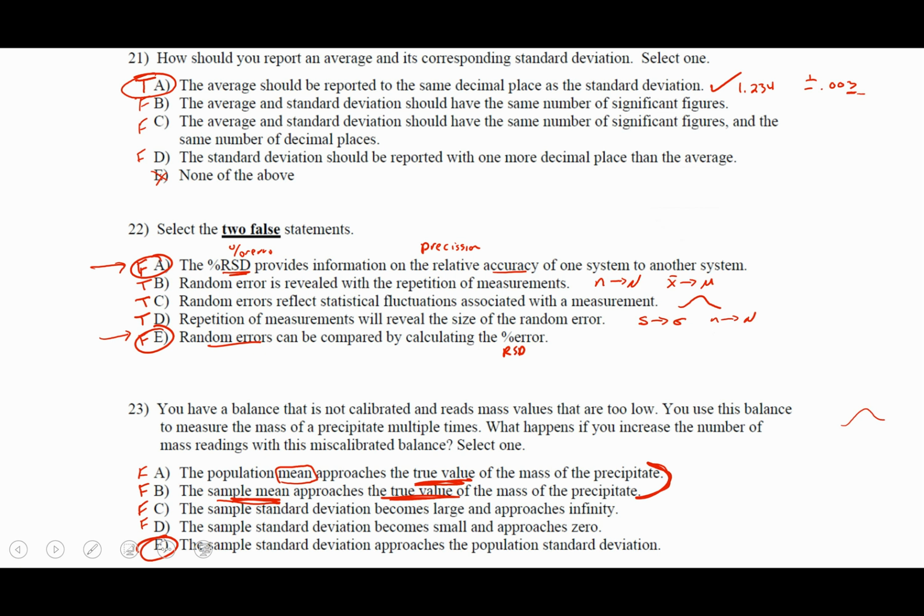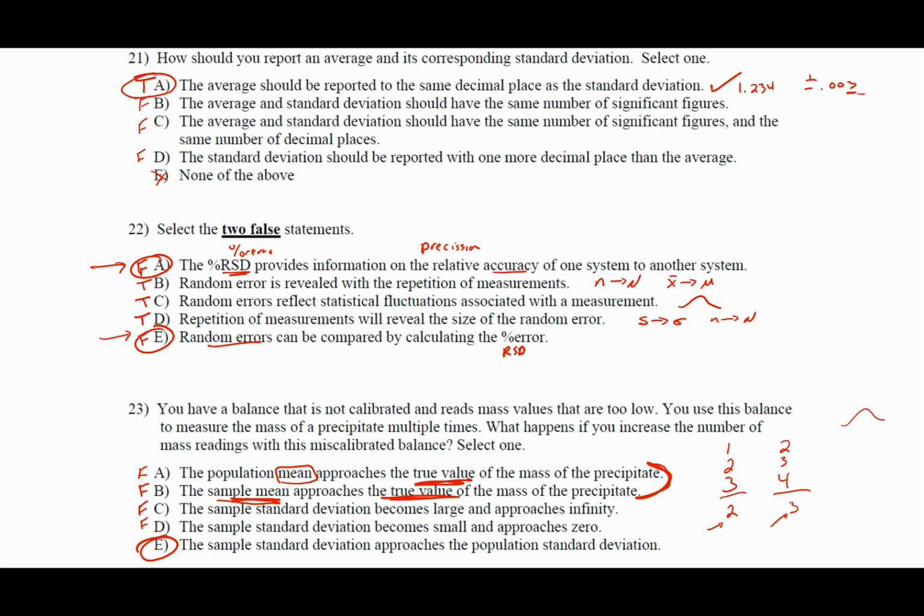You can do that by taking some measurements, 1, 2, and 3, and it really should be 2, 3, and 4, right? Together, this is going to be 6 divided by 3, so your average will be 2, and then for this one your average will be 3. So this would be the miscalibrated value, and this is the correct value.